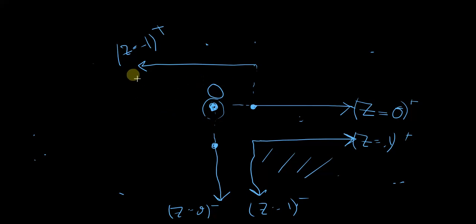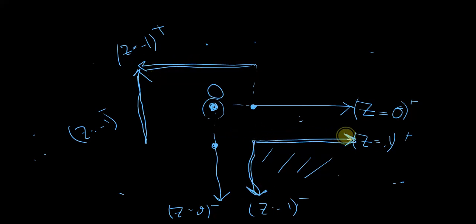And similarly, I have a negative portion of z equal minus 1. This portion of z equal minus 1 corresponds to this portion of z equal 1, and this portion corresponds with the positive portion of z equal 1. So the point I'm trying to make is that this construction is not unique.